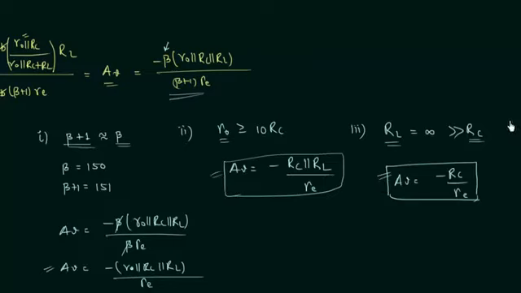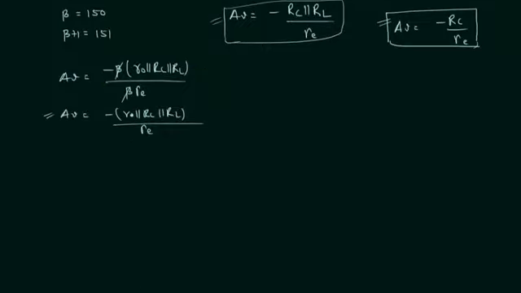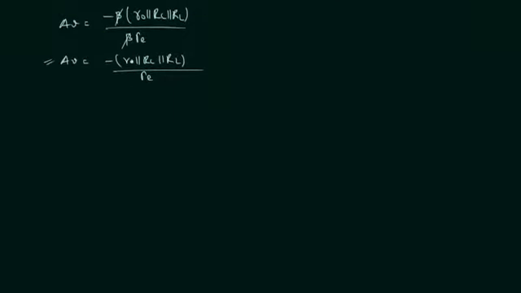Now we will move to the next part of this lecture, in which we will find out the overall voltage gain. The overall voltage gain is represented by A subscript Vs, and it is equal to the ratio of output voltage to the source voltage.